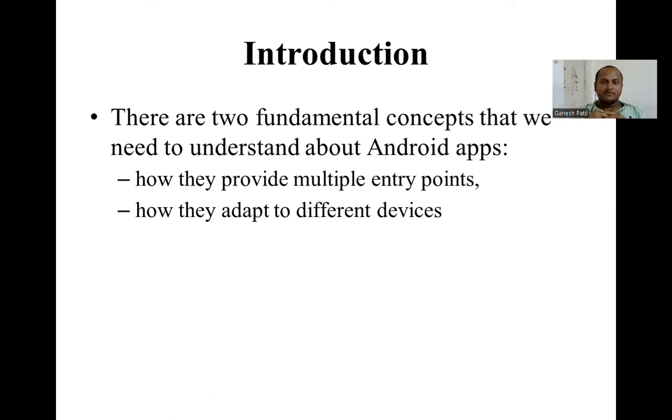Multiple entry points means I can download this app from the Google Play Store or another Android app store, such as the Amazon App Store. Second, how they adapt to different devices: this particular app should be installed on a Redmi mobile or a Samsung mobile. They will support all mobile systems. These are the devices. Keep these two things in mind before developing any app.